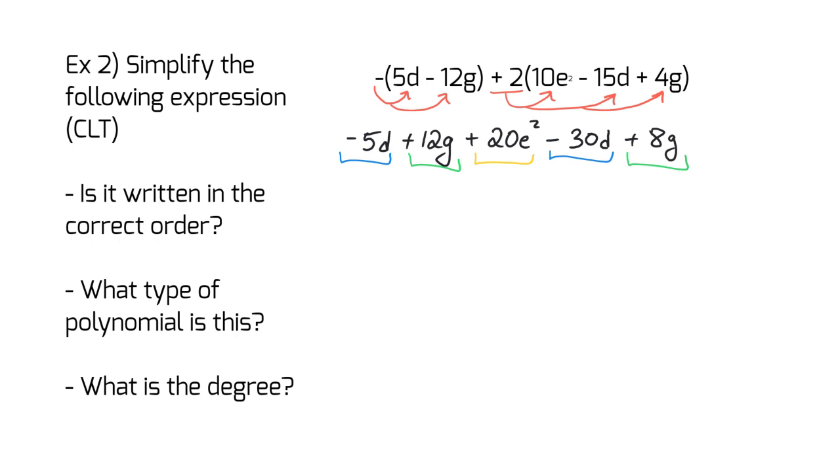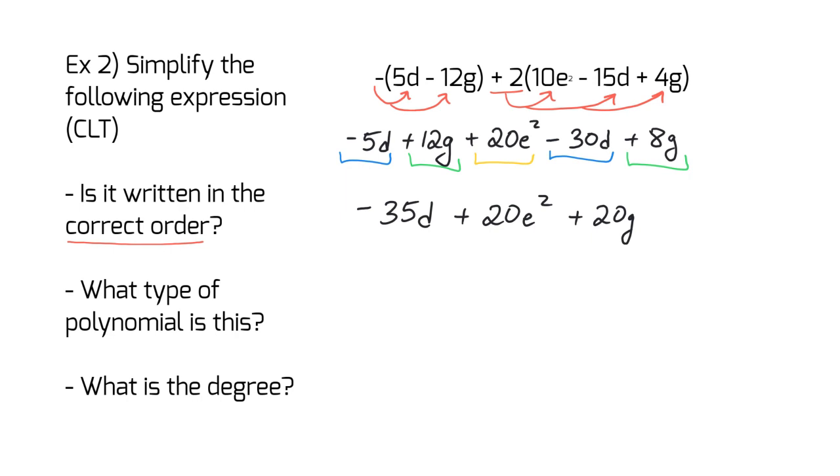I not only want to collect like terms, but I want to make sure that I'm writing my answer in the correct order. So alphabetical is important. So A, B, C, D goes first, E goes second, G goes last. Alphabetical first, and then pay attention to the exponents.